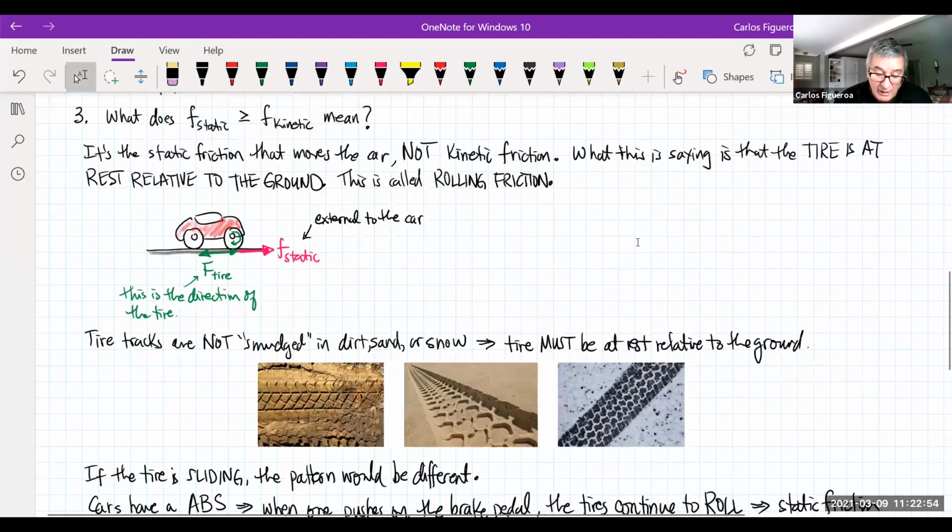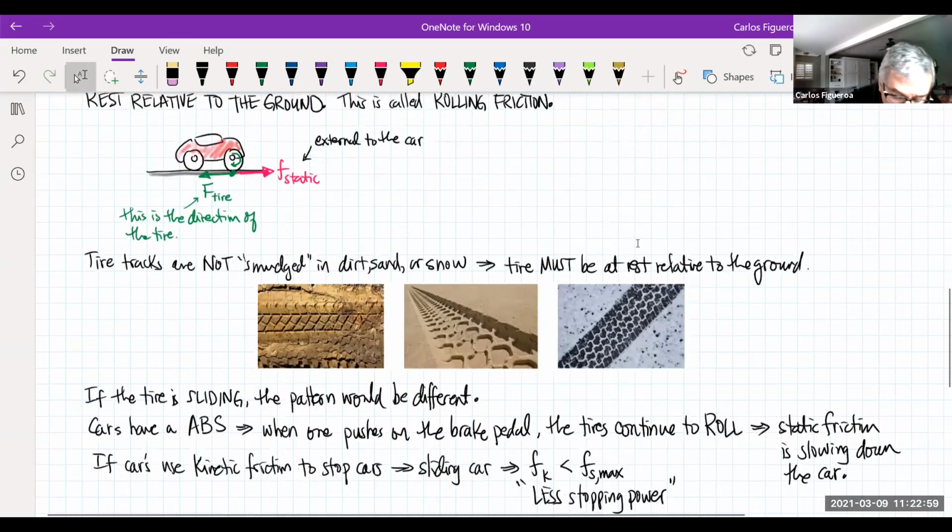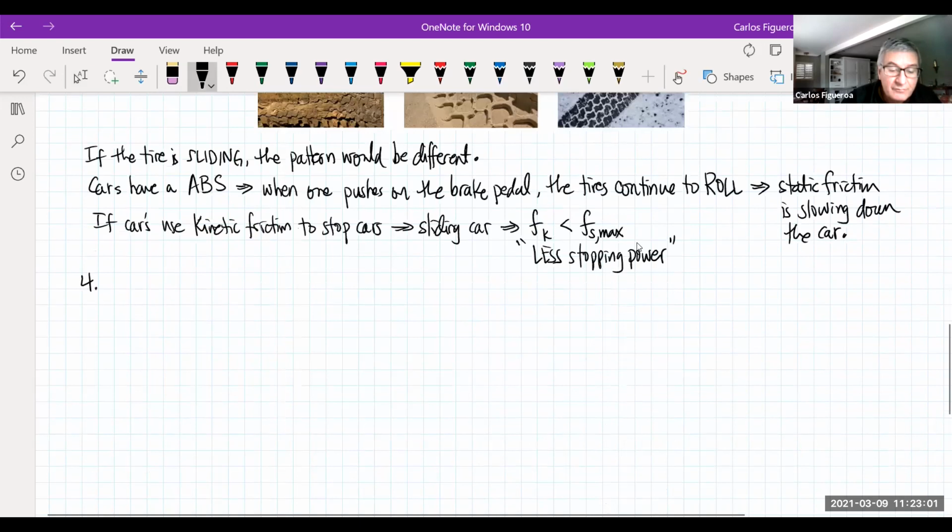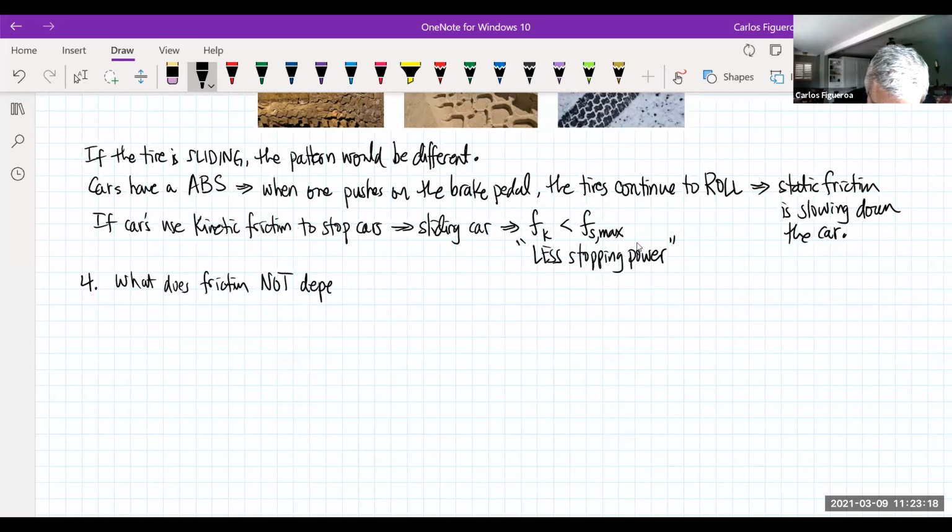So that was 3. So let me go here. 4. What does friction not depend on? And I think this is quite surprising. Now, friction is super counterintuitive.